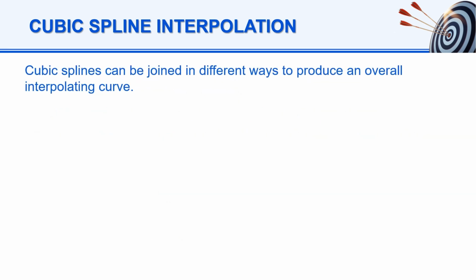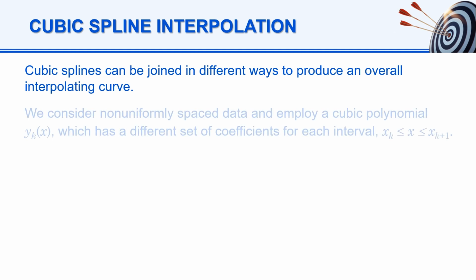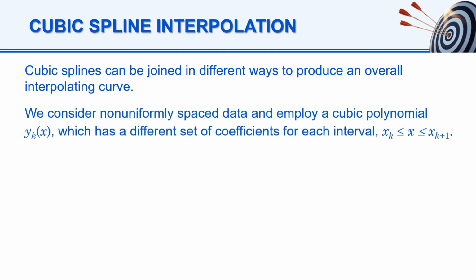Cubic splines can be joined in different ways to produce an overall interpolating curve. We consider non-uniformly spaced data and employ a cubic polynomial y_k(x), which has a different set of coefficients for each interval, from x_k to x_(k+1).